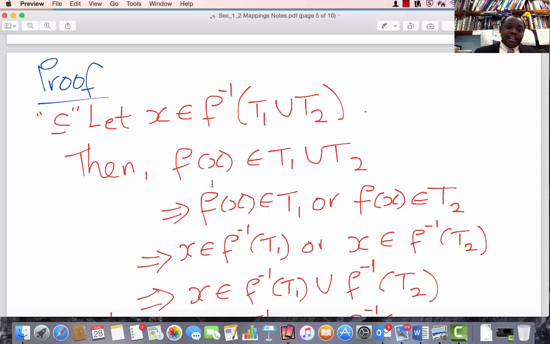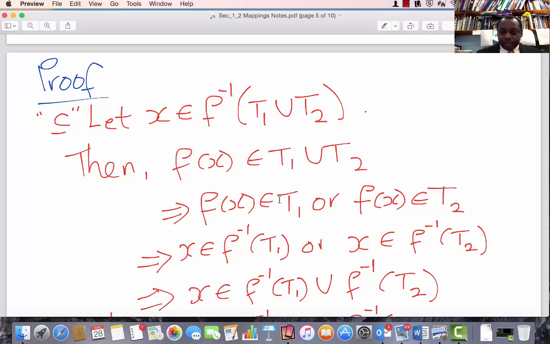Okay. So x, an element of f inverse of T1 union T2, what does that mean? It means f of x is an element of T1 union T2. Again, that means f of x is an element of T1 or f of x is an element of T2. We are free to use the inverse of f, so we can move f back to the right-hand side. x becomes an element of f inverse of T1.